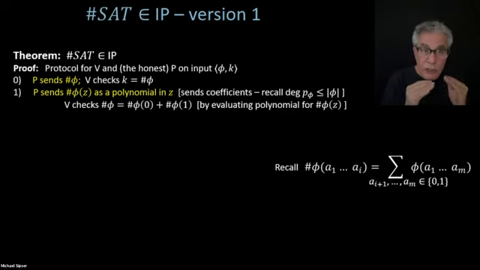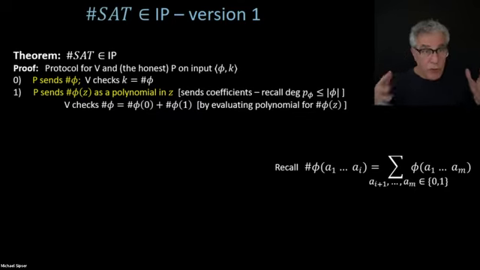But now, how are we going to justify that the polynomial is correct? Because this looks like even a worse job. Now we have a whole bunch of coefficients, and we have to make sure all of those coefficients are right. So instead of just two values, now we have d values, where d is the degree of that polynomial, which could be at most the length of the formula.